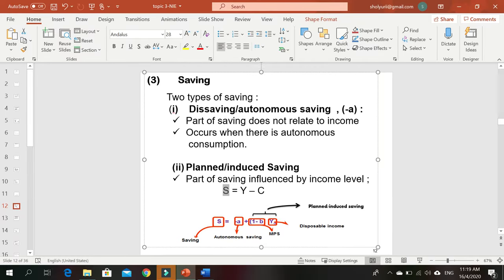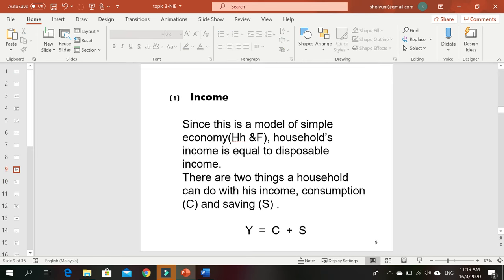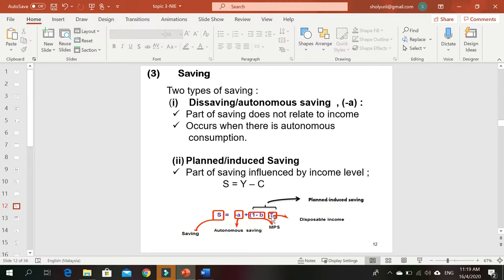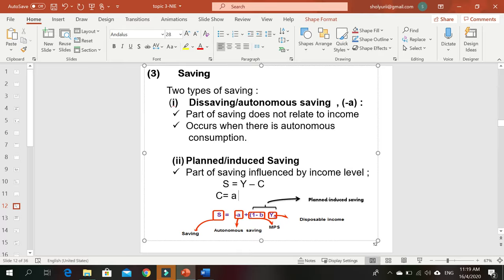So, kalau plan consumption tadi BYD, untuk cari plan saving, dia mestilah 1 tolak B, YD. Sebab kalau masa C tadi, C equals to A tambah B, YD.